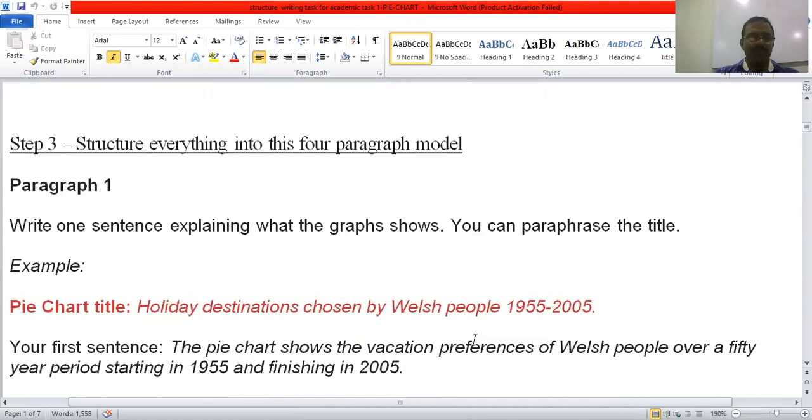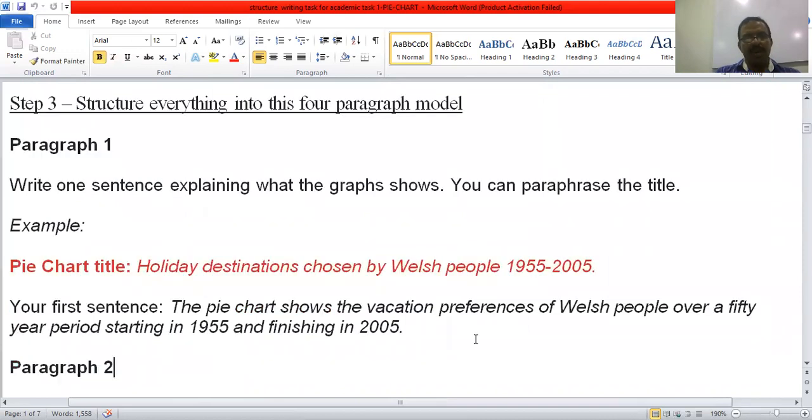And this model is paragraph 1. I am going to tell you, write 1 sentence explaining what the graph shows. In the introduction of the pie chart, you can paraphrase the title. Okay, paraphrase means you will use synonyms. You will not copy whatever is written in your question.